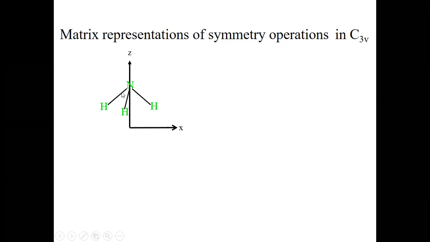So now we see that one NH bond lies within the XZ plane. Therefore, the development of the matrix representation for that mirror plane is pretty straightforward. It is 1, 0, 0, 0, minus 1, 0, and 0, 0, 1. So why is that?